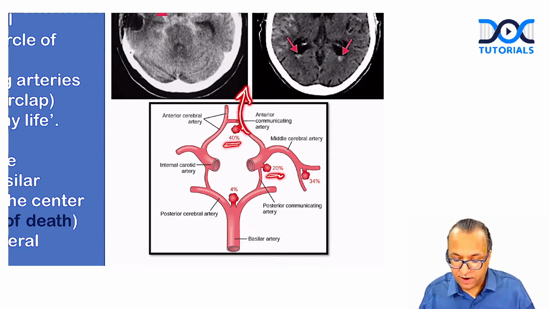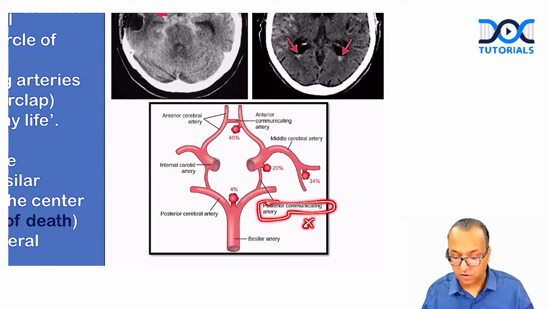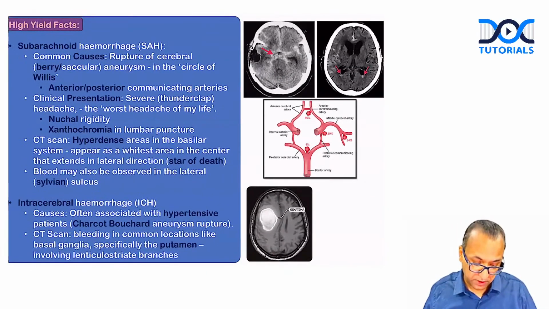Where the anterior cerebral artery gives the anterior communicating artery, you can have this, or where the internal carotid artery is giving the posterior communicating artery, at that point there can be. So rupture of an aneurysm of either artery can bleed, giving subarachnoid hemorrhage.